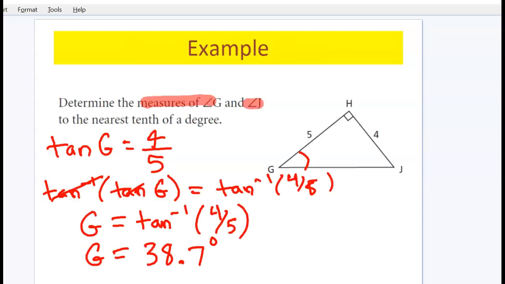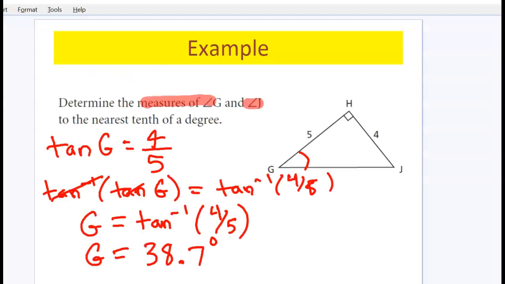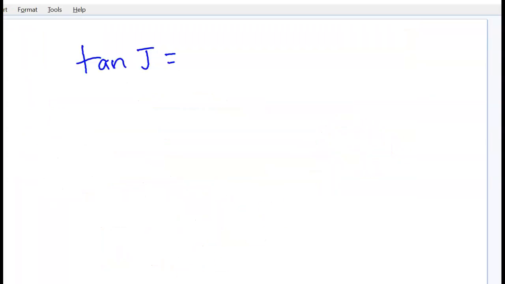Oh, let's go back here. Sorry, we forgot to figure out angle J. Got a little excited there. So again, to figure out angle J, the tan of angle J is going to equal opposite over adjacent, which in this case would be 5 divided by 4. Again, we're going to take the tan inverse of both sides.